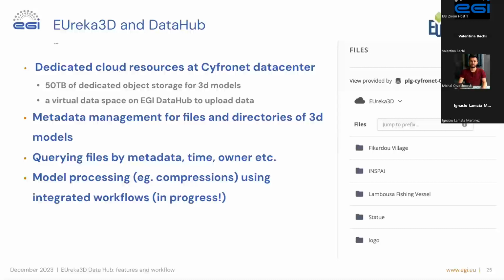It gives the possibility to manage the metadata as well as the paradata of the uploaded 3D models, querying the uploaded files by the metadata. For example, you can ask the question about the date of when the object was scanned or when it was uploaded.